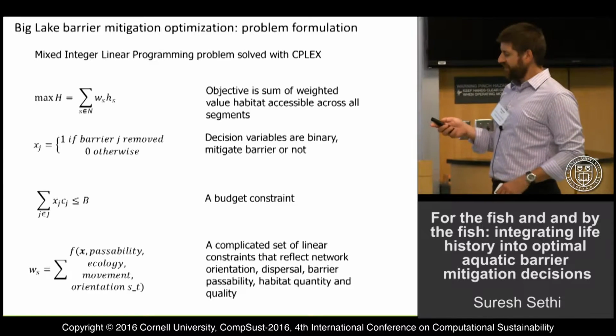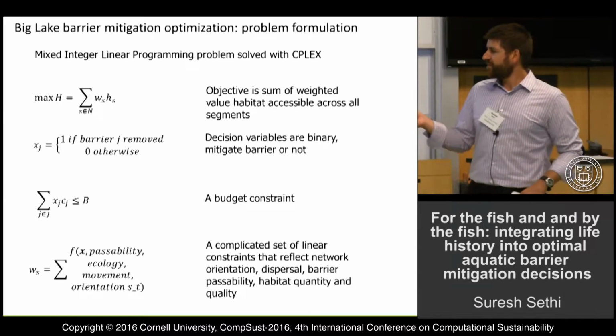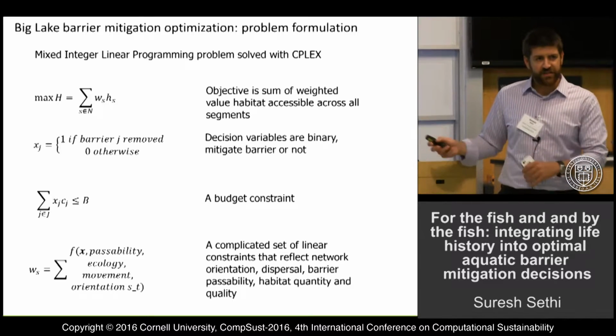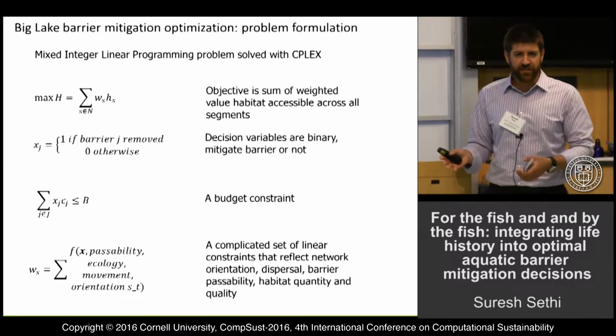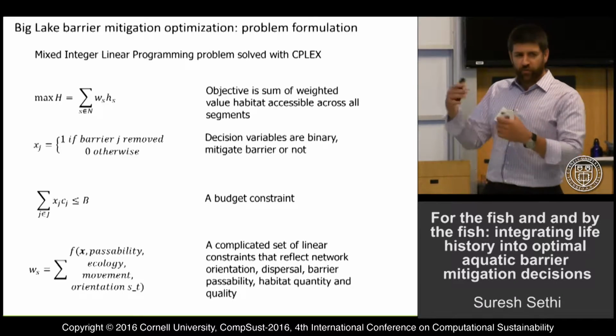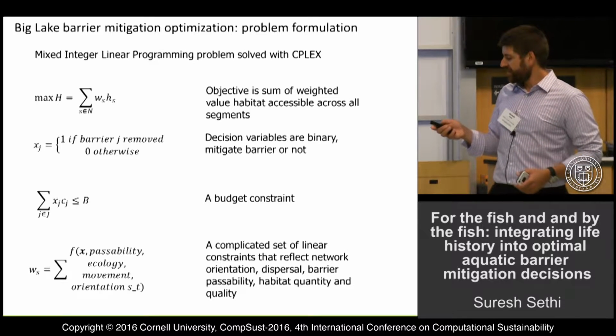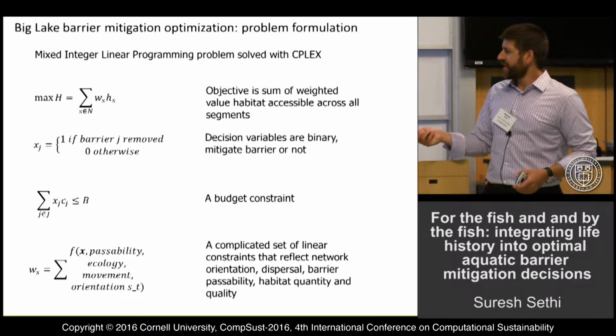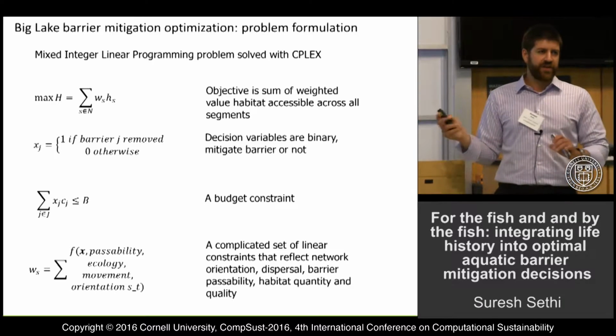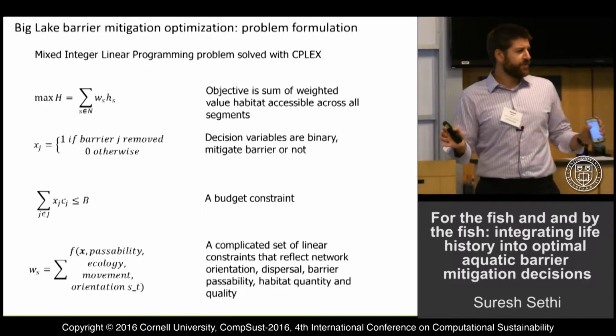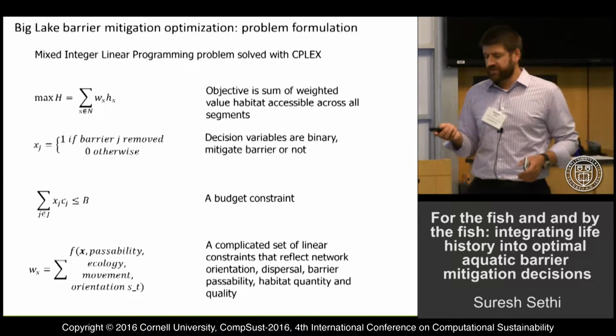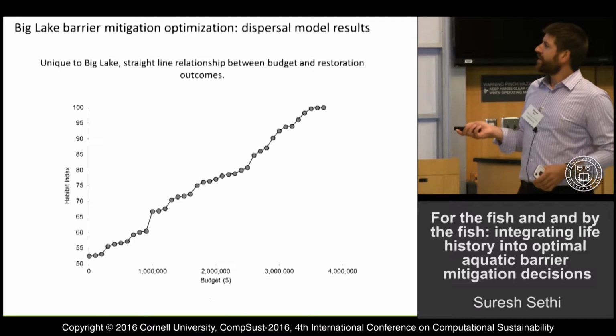Jesse O'Hanley did some really nifty setup of the problem to express all the interesting things here, that is the ecology that we came up with, the network structure, etc., all in the set of linear constraints down at the bottom here. And if you can set it up this way, then you can use off-the-shelf optimization programs like Cplex. That's I believe Jesse uses Cplex to solve this problem.